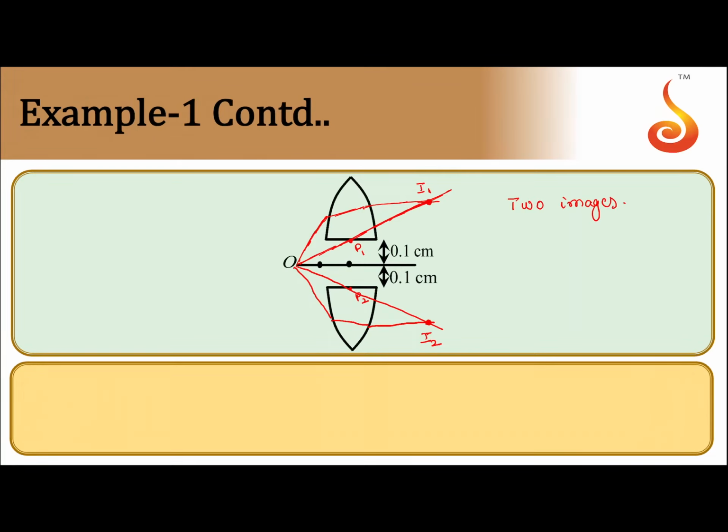Now let's call this distance u and let's call this distance v. Now we use the convex lens equation to find the location of the image. From the convex lens equation I can write 1 by f is equal to 1 by v minus 1 by u. f is 0.2 meters, which is also equal to 20 centimeters, and u is minus 0.3 meters, which is also equal to minus 30 centimeters.